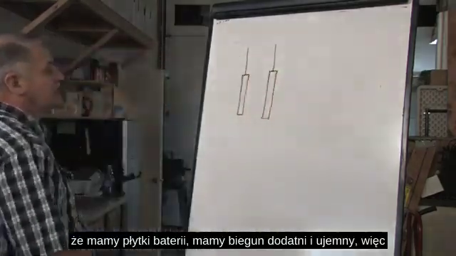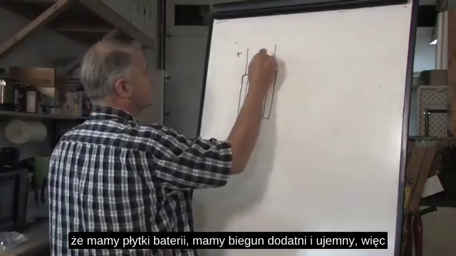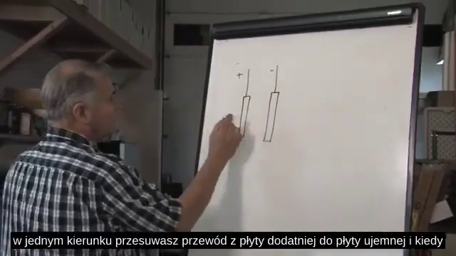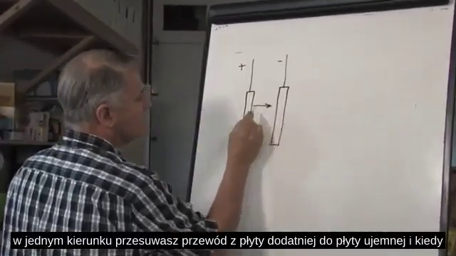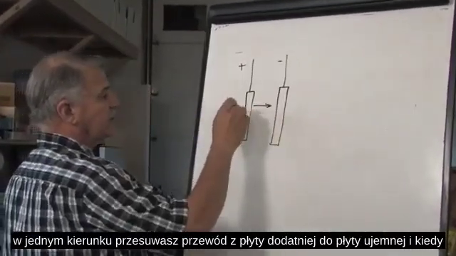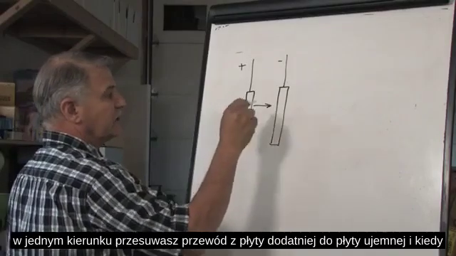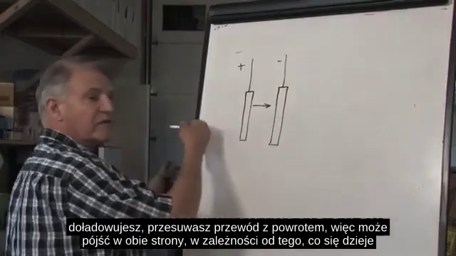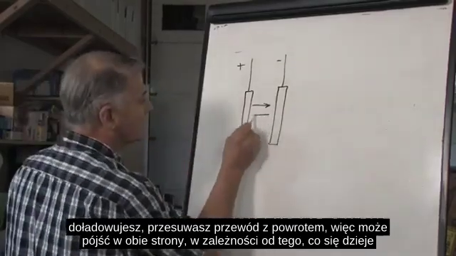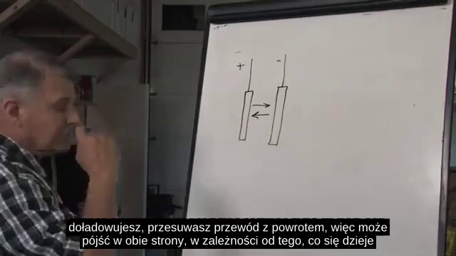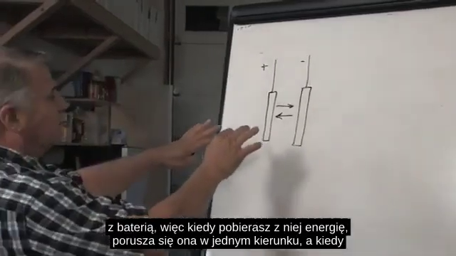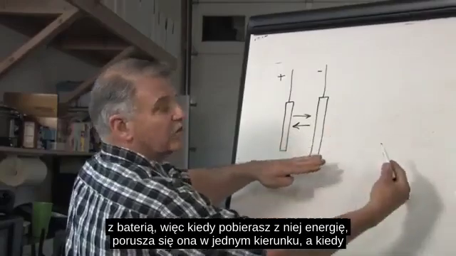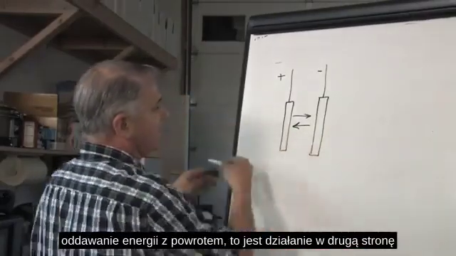We have the plates of the batteries. We have a positive and we have a negative. So in one direction, you're moving the lead from the positive plate to the negative plate, and when you recharge, you're moving the lead back. So it can go either way, depending on what's going on with the battery. When you're drawing energy out of it, it's moving one way, and when you're putting energy back, it's going the other way.